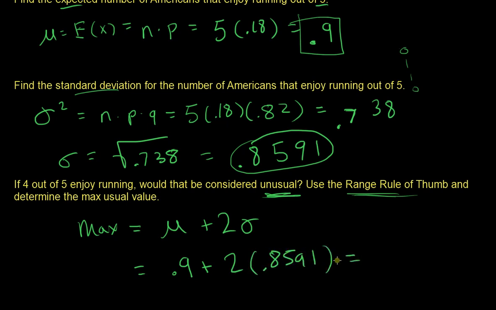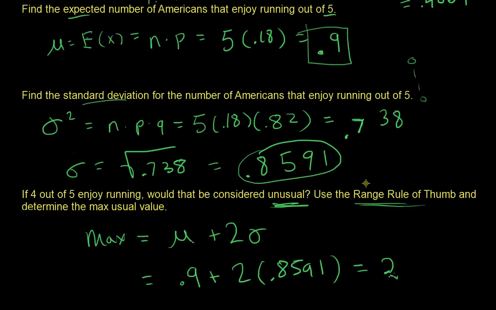Okay, so go ahead and plug that into a calculator. 0.9 plus 2 times 0.8591. You get 2.6, I'm going to go and round to 2 decimal places. 2.62. All right? So would 4 out of 5 be unusual?